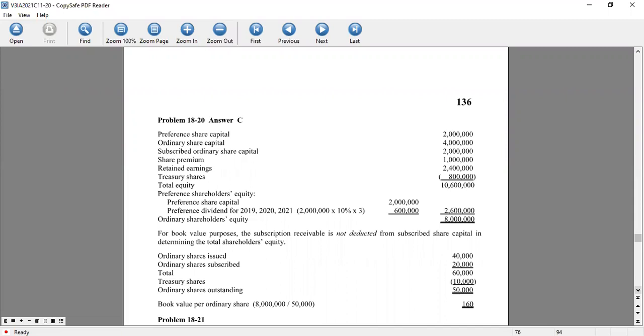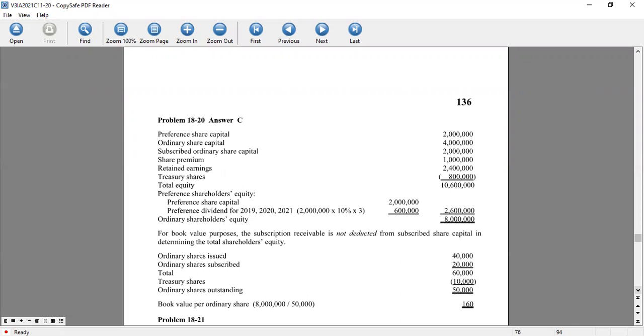So the ordinary shares issued is 40,000. Then we add subscribed of 20,000, deduct the treasury shares of 10,000, for the outstanding ordinary shares.